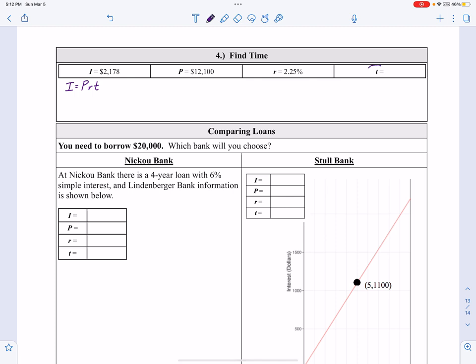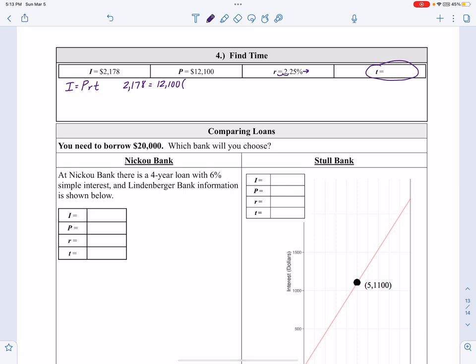Okay, so let's go ahead and plug everything in. We have 2,178 equals the principal of 12,100. So we earned 2,000 some dollars. Our original principal amount, whether it was an investment or a loan, was 12,100 at a rate of, I'm going to put in parentheses, 2.25%, but we know we don't do work with percents.